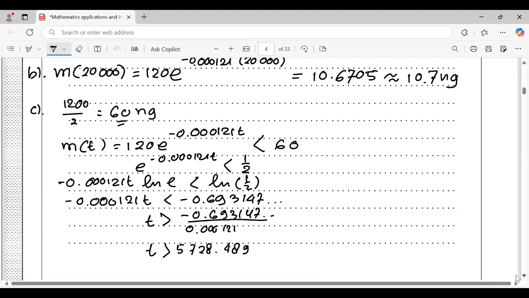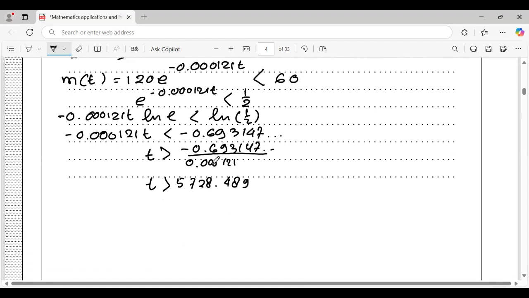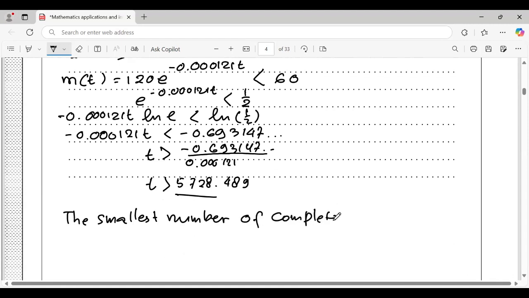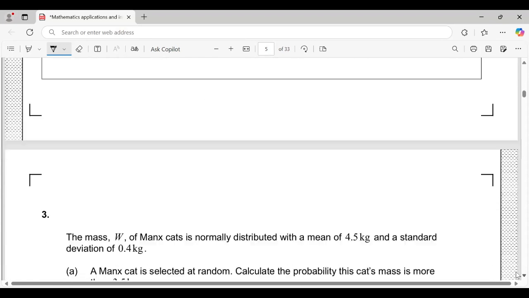So the smallest number is the integer greater than this number. So the smallest number of complete years is 5,729. So next question, number 3.